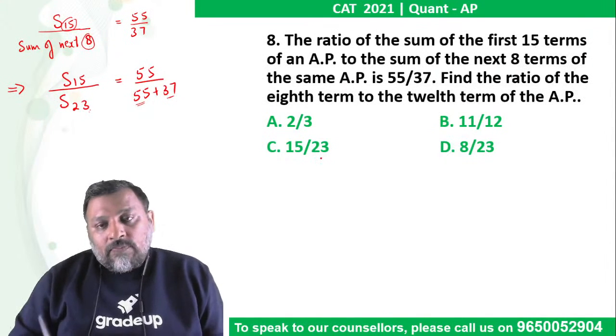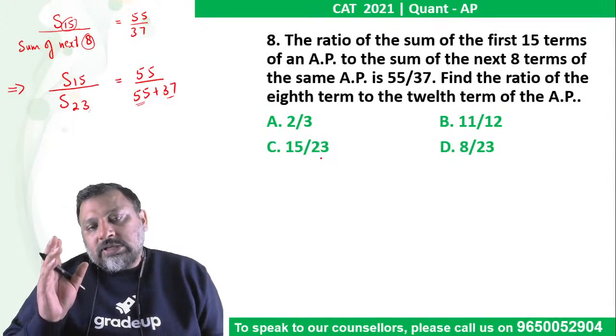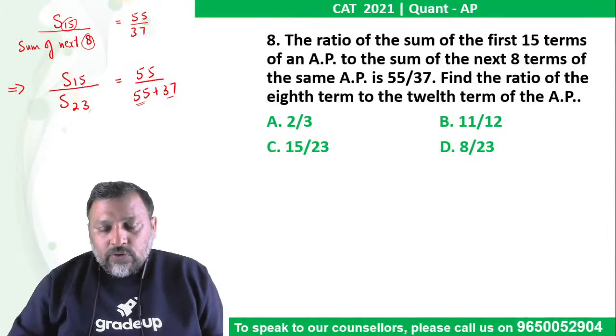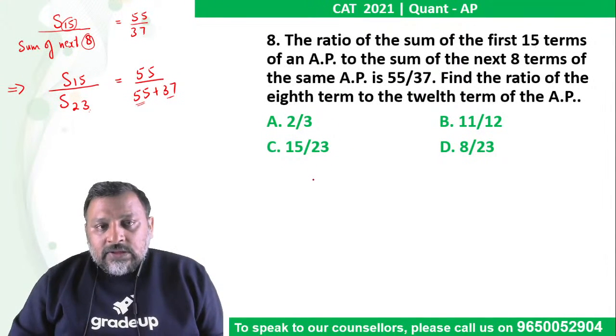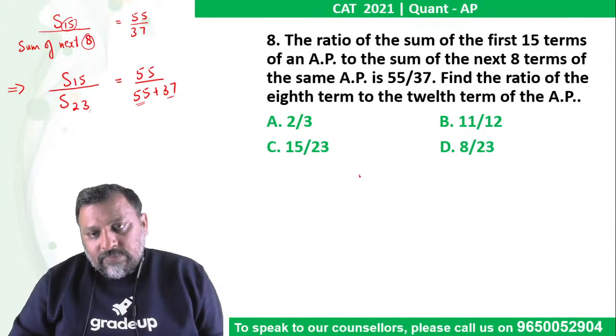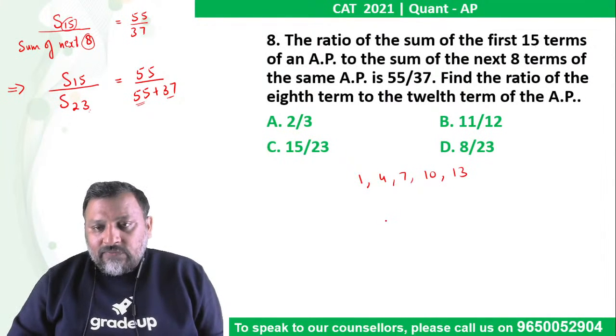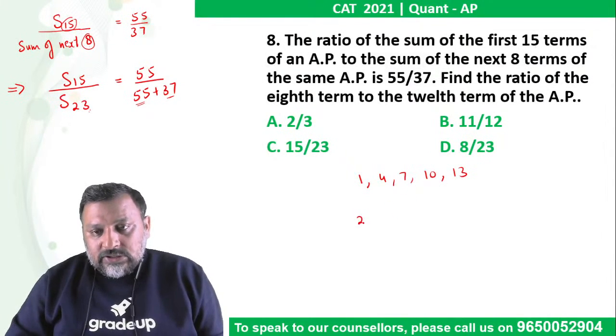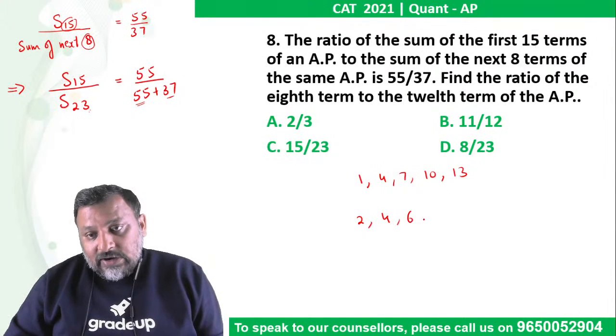Okay. Now please pay attention to a very important concept. I am avoiding the conventional approach. See, if the number of terms is odd, for example, if I look at this series 1, 4, 7, 10, 13, that means a series of 5 terms or a series of 7 terms.